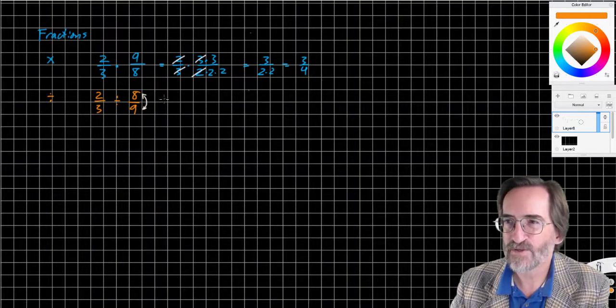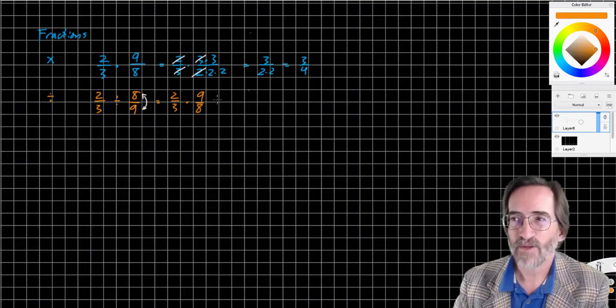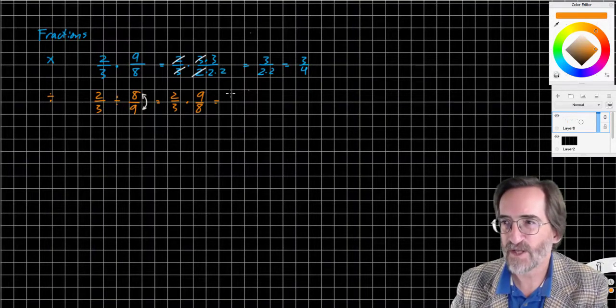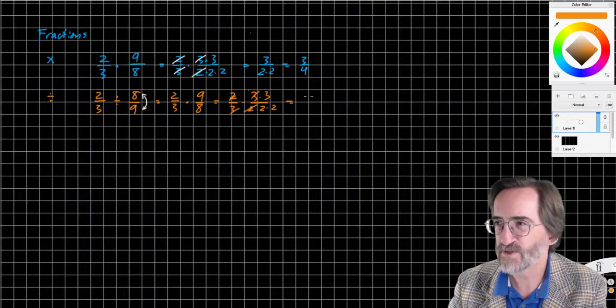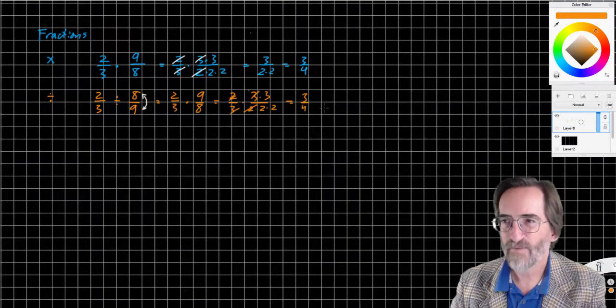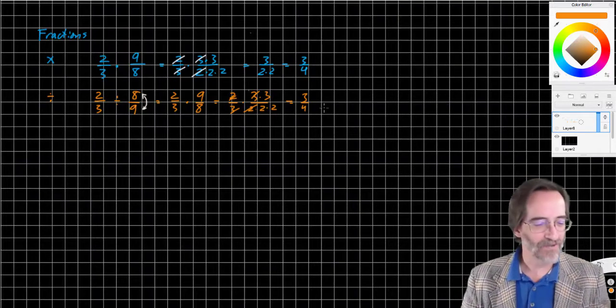So 2/3 divided by 8/9, we keep the first, 2/3, we flip the second, 9/8, and it becomes a multiplication problem, whereupon it's treated the same way as before, 2/3 times 3 times 3 over 2 times 2 times 2, with the 2's cancel, the 3's cancel, leaving 3 over 2 times 2, or 3/4 again. Okay, I set it up that way on purpose.